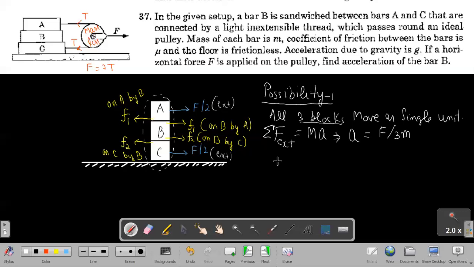In that case, all three blocks move as a single unit, and the acceleration is the external force divided by the total mass of the system. Now we have to check up to which value of capital F the friction will be successful in preventing the relative motion.